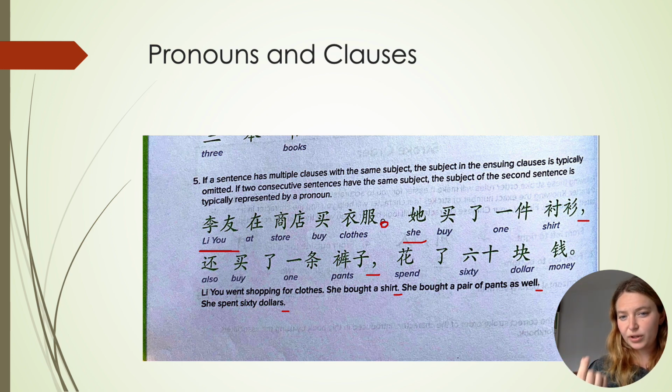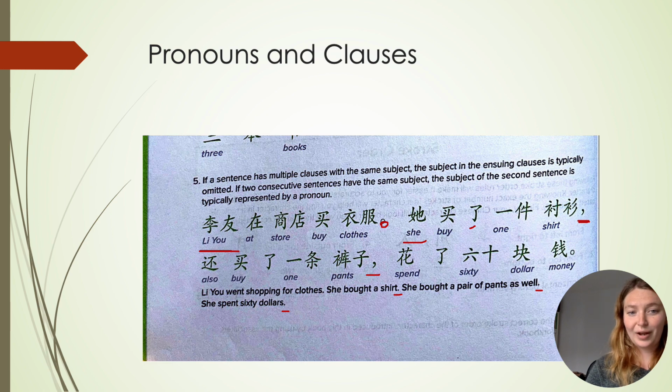We would often try to put these sentences together to make them less choppy. But in Chinese, they kind of stay choppy, but they're not always different sentences. Sometimes they just have a comma if they're all about the same subject. So here we go with 她买了一件衬衫. She buy, le, makes it past tense. She bought one shirt. 还买了一条裤子.